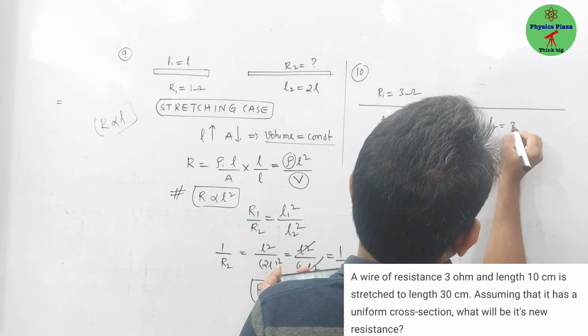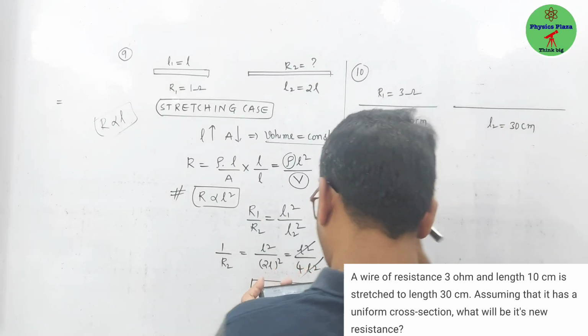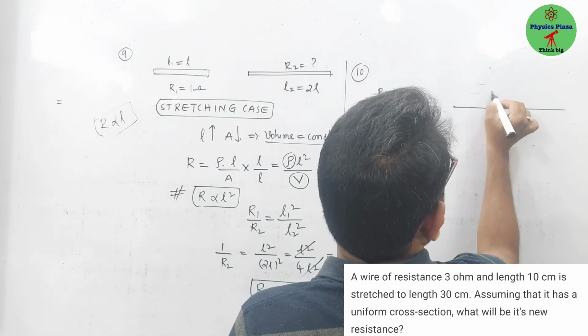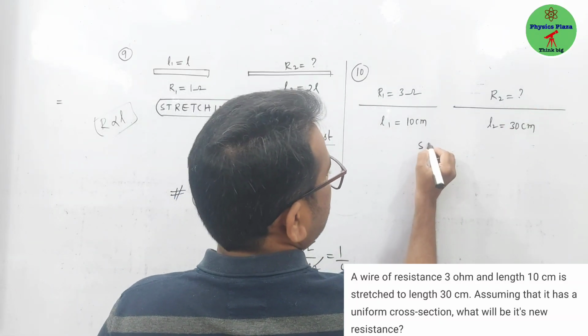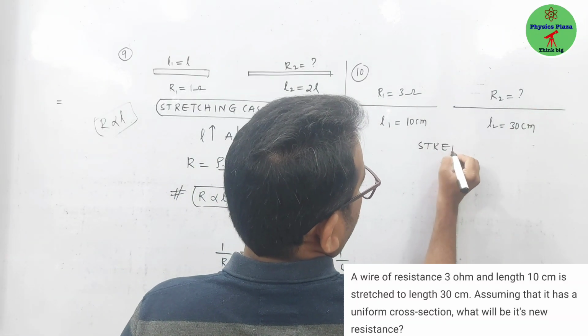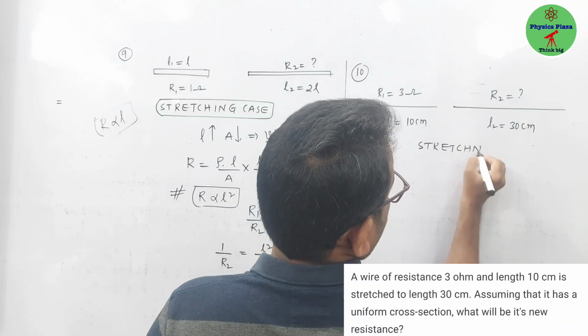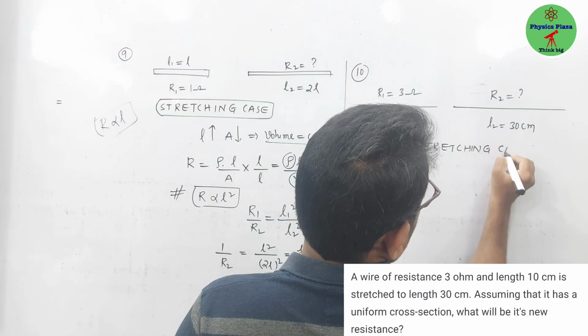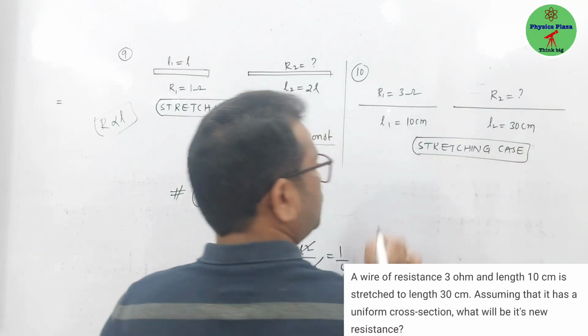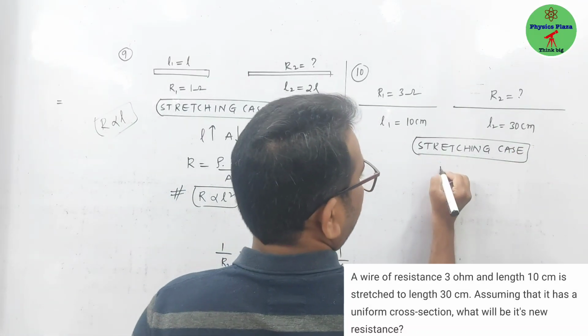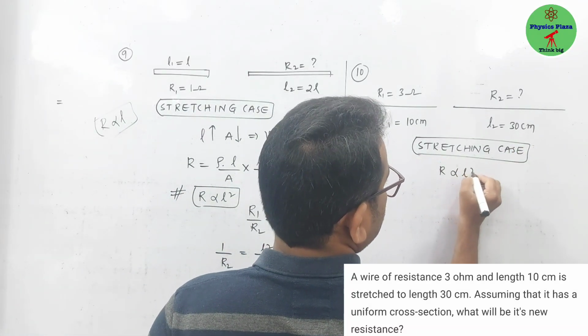Then the length became 30 centimeters. Then what will be the new resistance they are asking? Children, this is also stretching case only. So whenever wire is stretched, volume remains constant and R is proportional to L square.